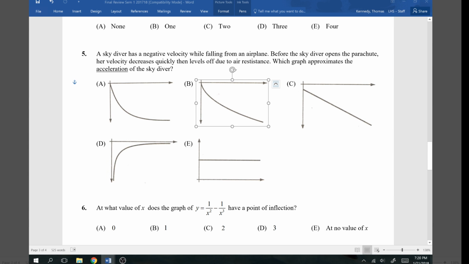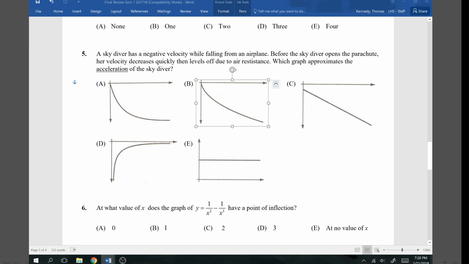That's quite a bit. All right, so the second MC mistake in this is to read about the velocity and circle the velocity graph, which is that the velocity decreases, then levels off due to air resistance. And if you think that's what's happening, you're like, oh, it's A, but no, it's not A. This is not a velocity graph. This is an acceleration graph we're looking for.